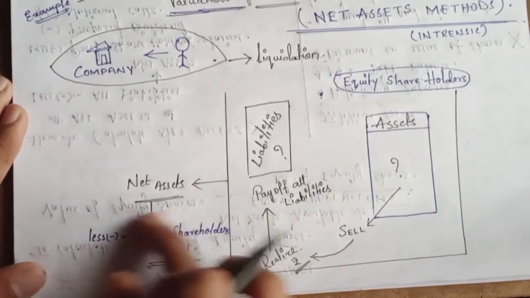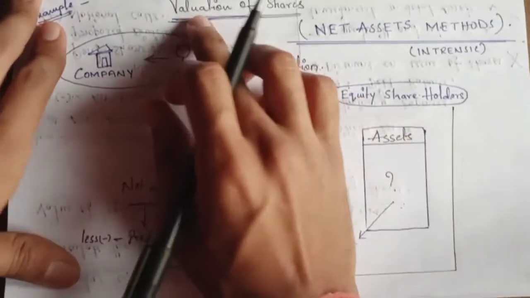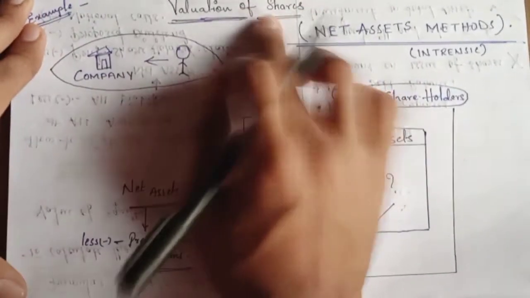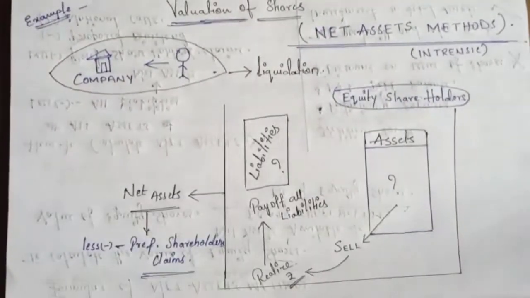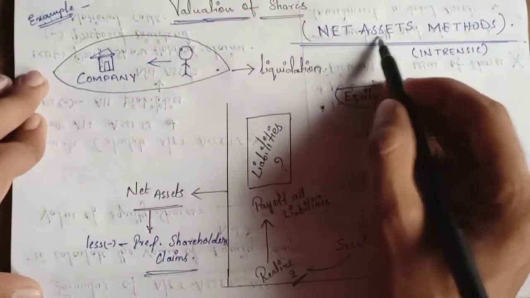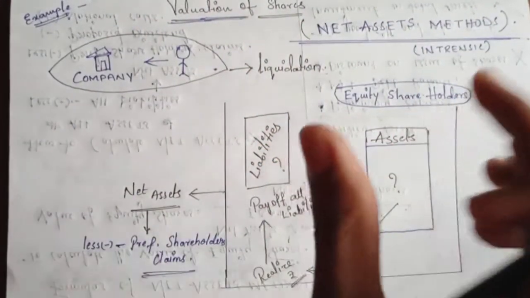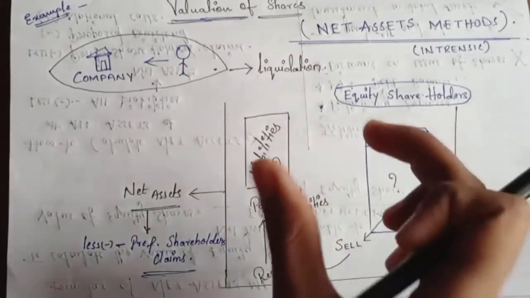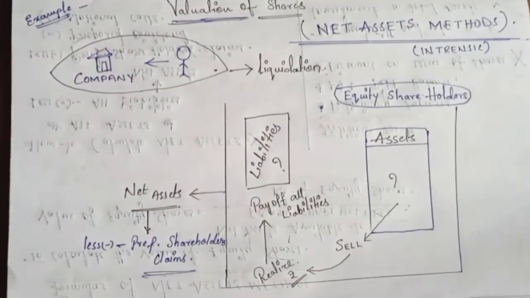But this is not useful. Why? Because here we are calculating the value of equity shares, right? So we need net assets available only for equity shareholders. We need a genuine net asset for equity shareholders.